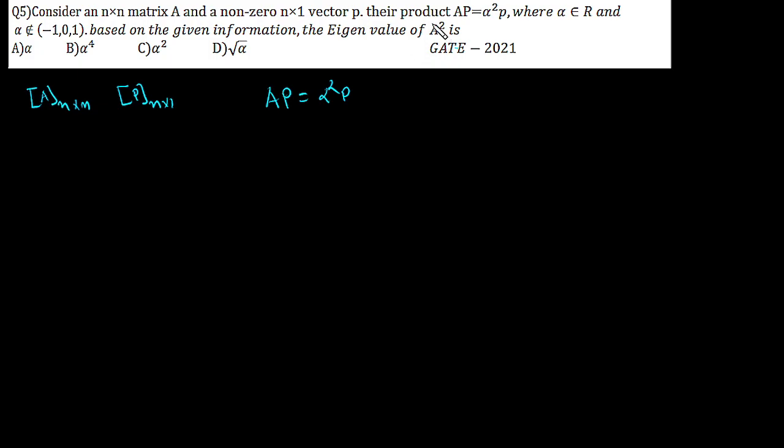So they are asking about the eigenvalue of A square. To find it, first of all we need the eigenvalues of A. Once we know the eigenvalues of A, we simply square them and we get the eigenvalue of the A square matrix, because we know from the property that if lambda 1 is an eigenvalue of matrix M, then lambda 1 to the n power is an eigenvalue of the matrix M to the n power.